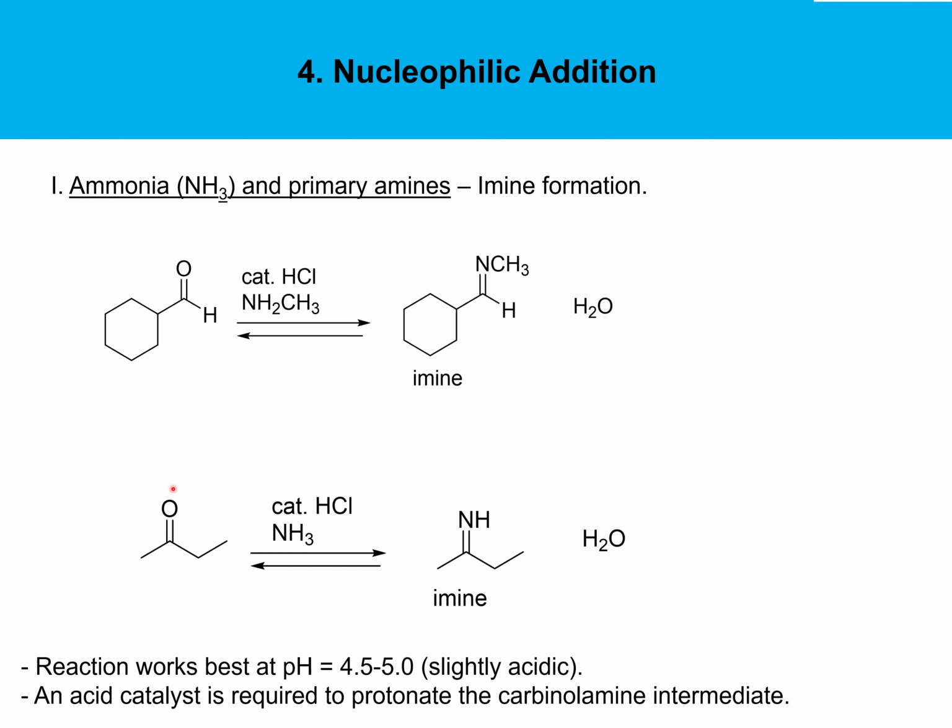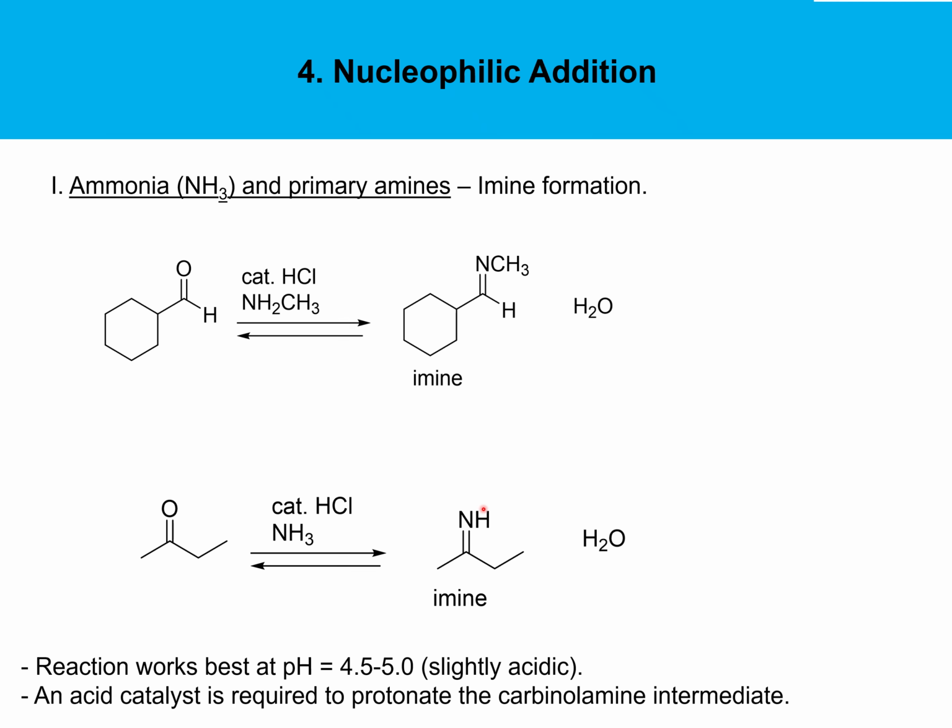Here's another example with a ketone, a catalytic amount of HCl, and if we use ammonia, we will get an imine. So notice again, there's a nitrogen to carbon double bond where the carbonyl used to be. In the case of ammonia, instead of having an alkyl group, we have a hydrogen. We could also use a primary amine here.